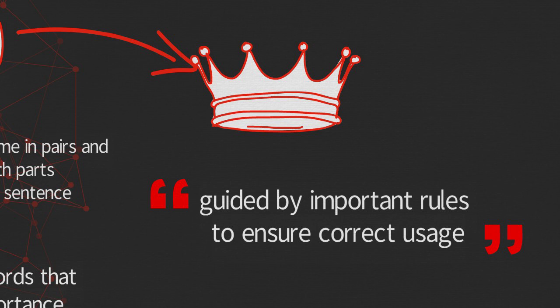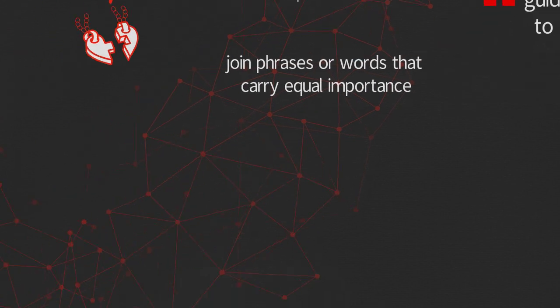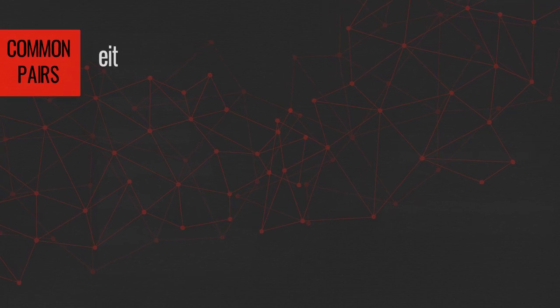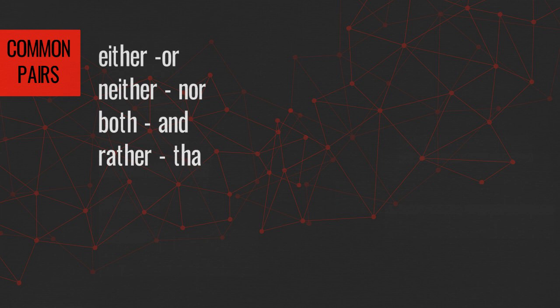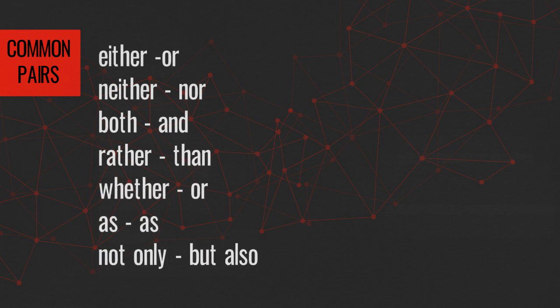Before we discuss the grammar rules for correlative conjunctions, let us check out the list of the most commonly used correlative conjunction pairs. The most common pairs include either or, neither nor, both and, rather than, whether or, as as, and finally, not only but also.